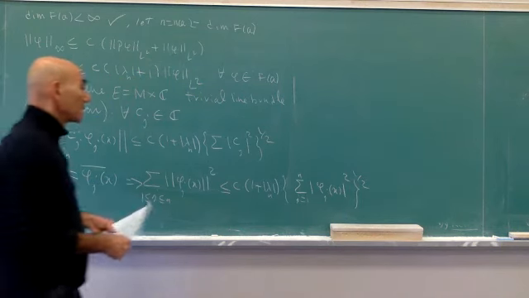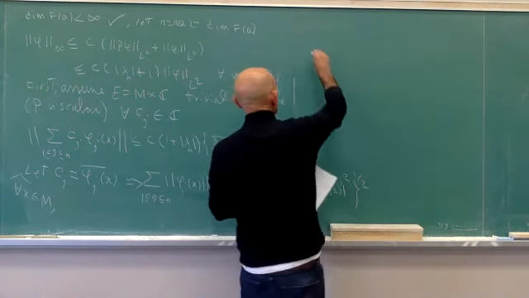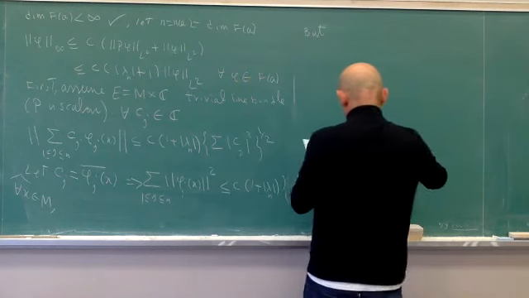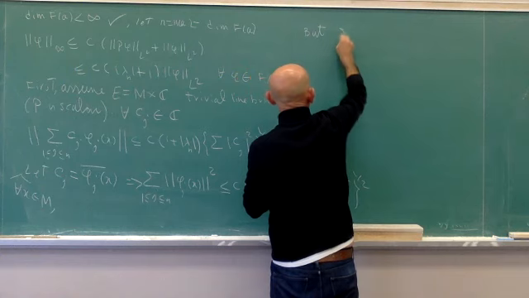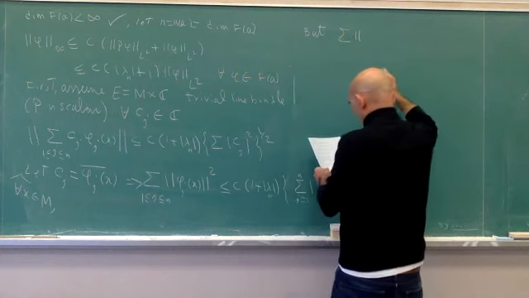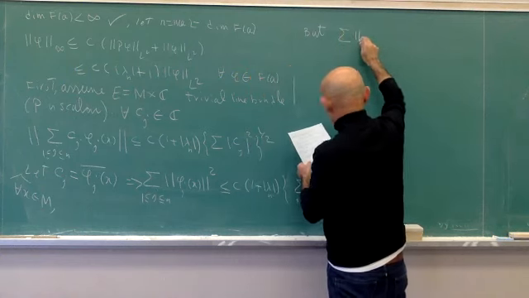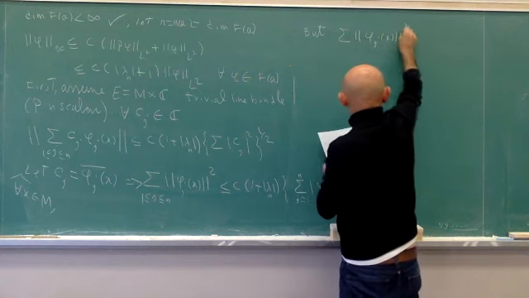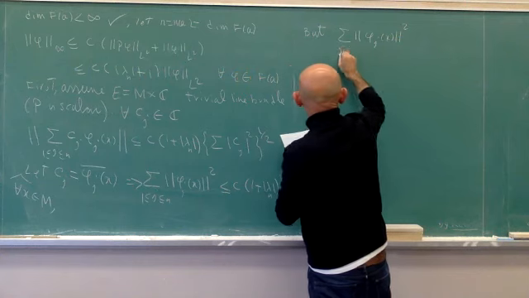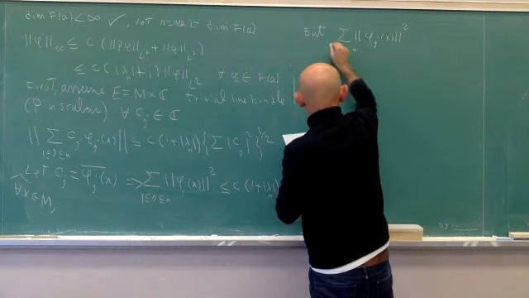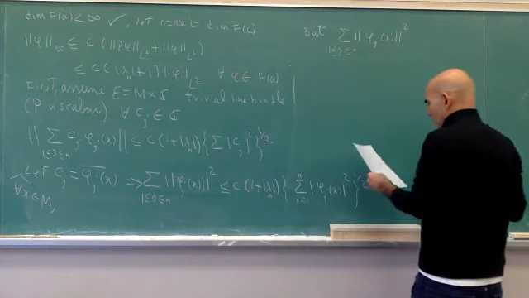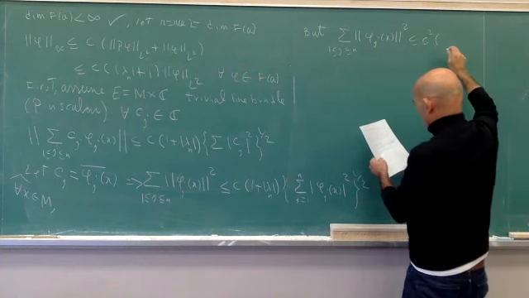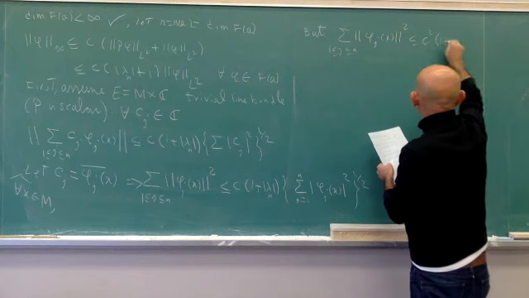But this right-hand side can be estimated as follows: sum of norm of phi j x squared, j between n and 1, is itself less than or equal to c squared times 1 plus lambda n squared.